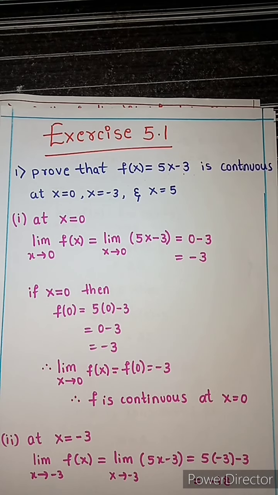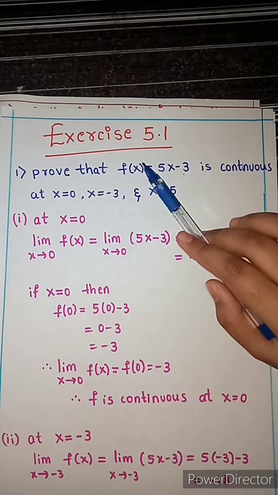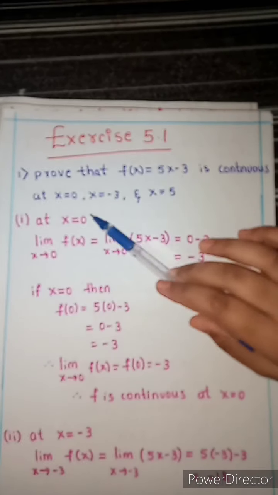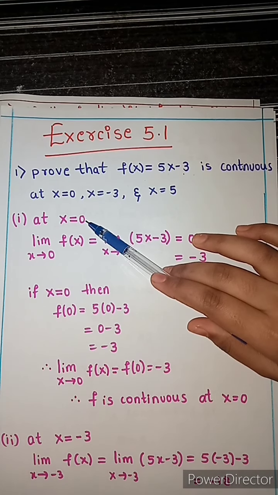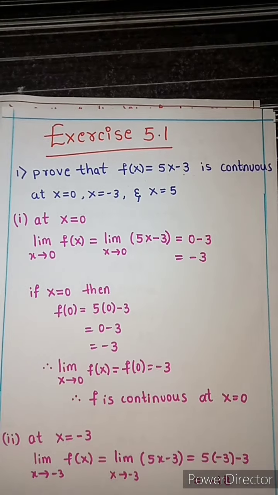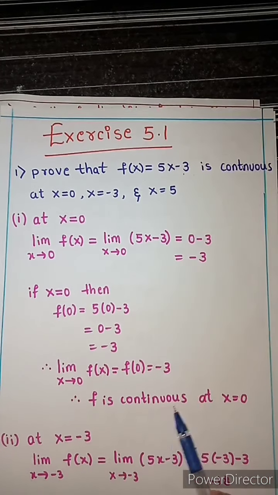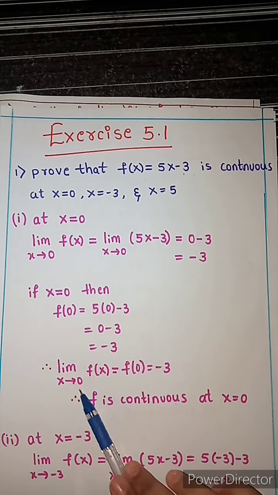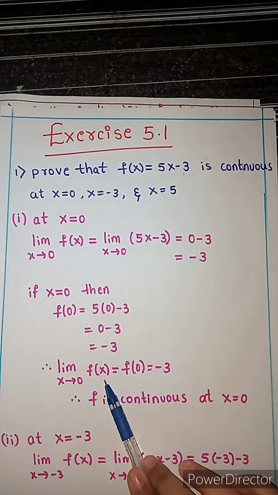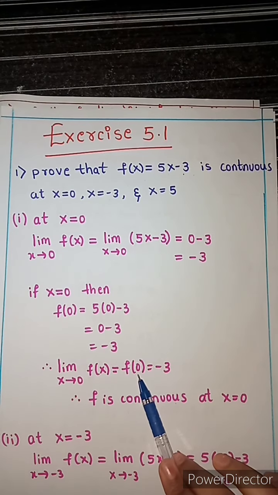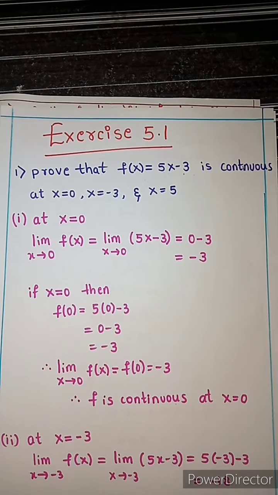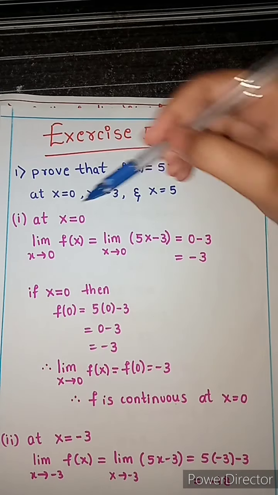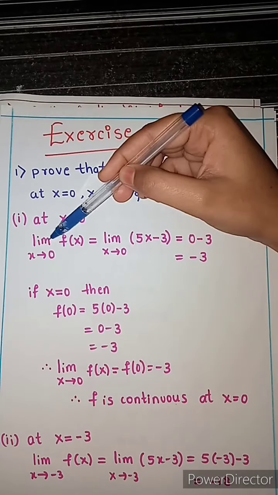So first let's check whether f of x is continuous at x equals 0 or not. f is continuous if limit x tends to 0, f of x is equal to f of 0. So let's apply the limits first.